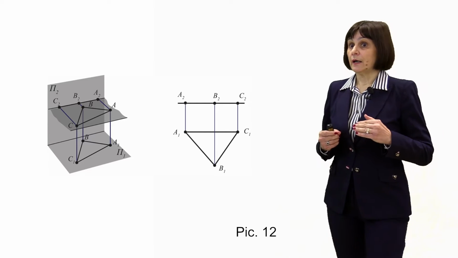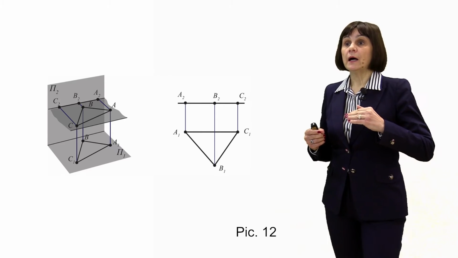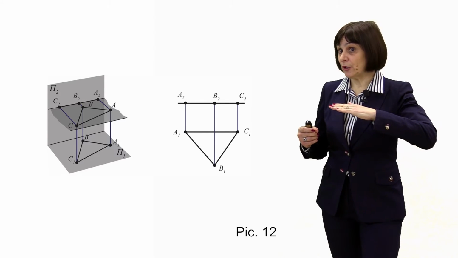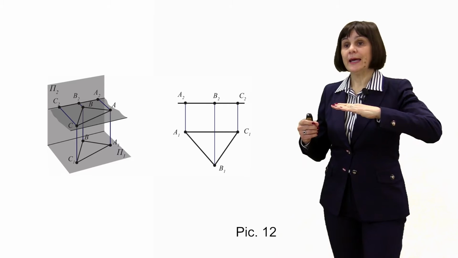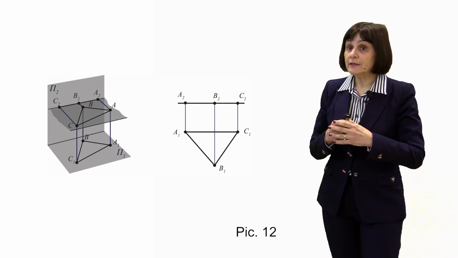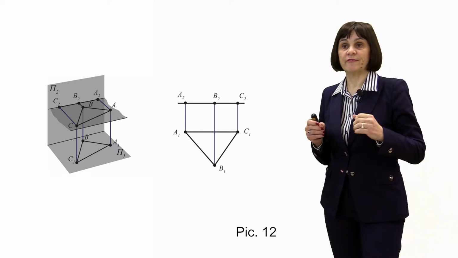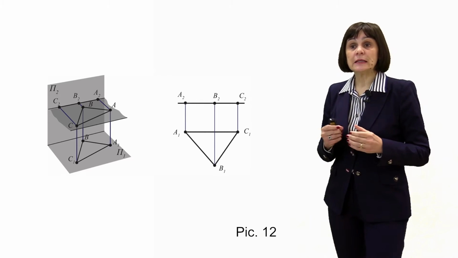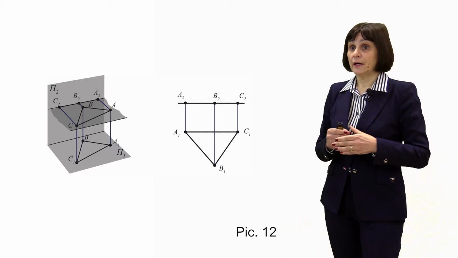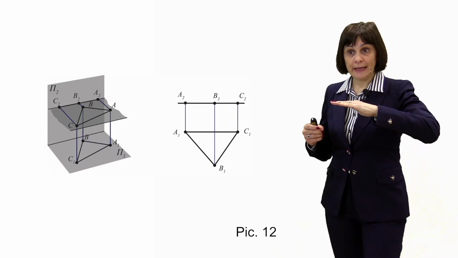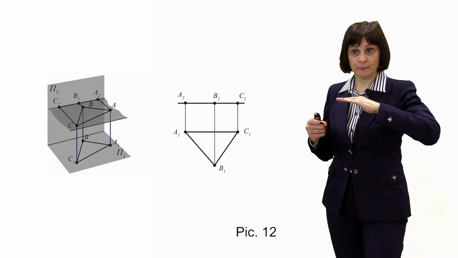And since our horizontal level plane is parallel to the horizontal projection plane, it means it is perpendicular to the frontal projection plane. On the frontal projection plane, we get a straight line, and that will be the projection of the level plane on the frontal projection plane.